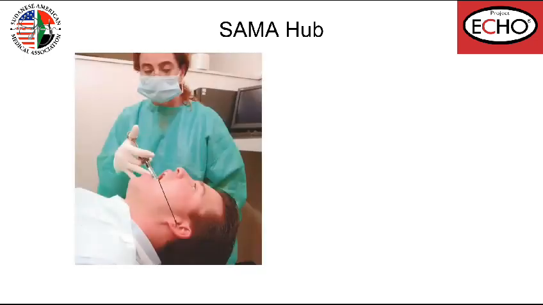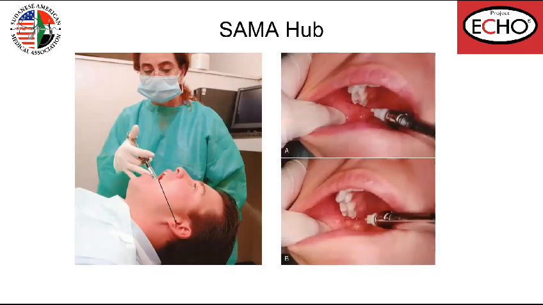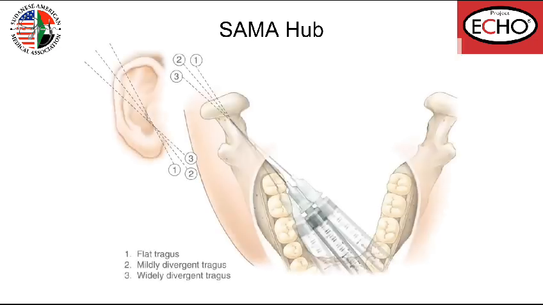These are the external landmarks, and this is the internal landmark. You are going with the anesthesia at the occlusal plane of the maxilla, okay? I am targeting the condyle.